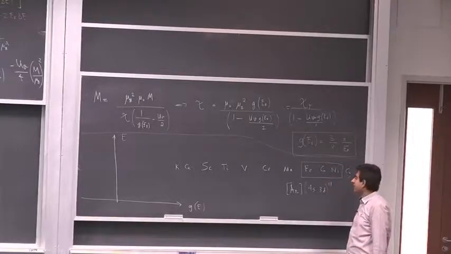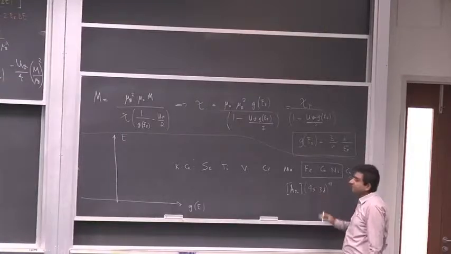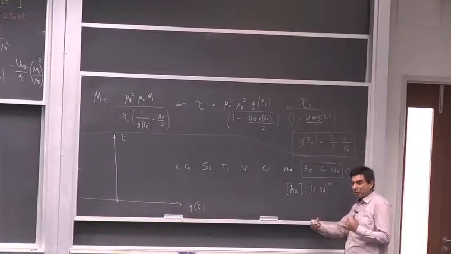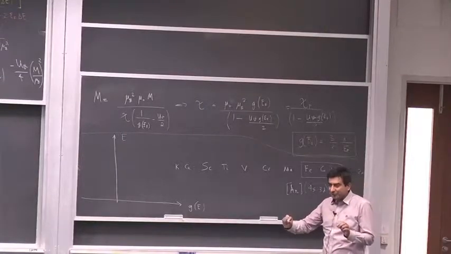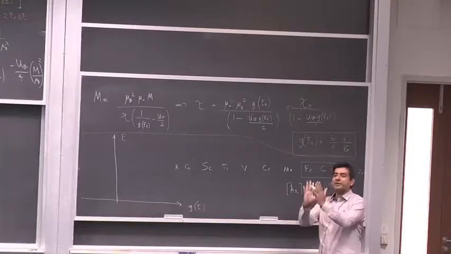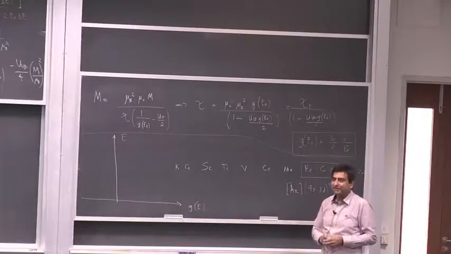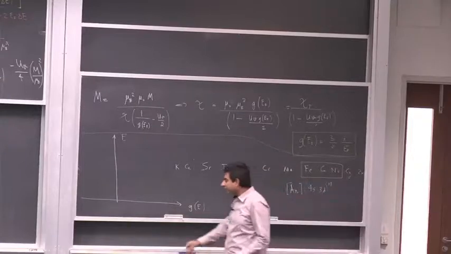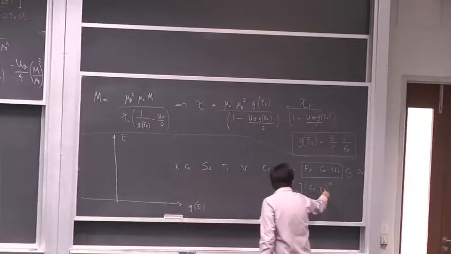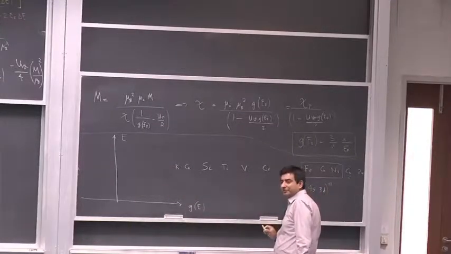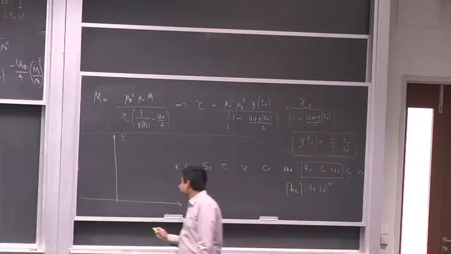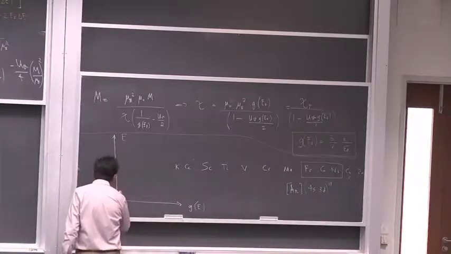Now these 4s and 3d bands, when two copper atoms come close together, these orbitals are going to overlap and will give you bands. You've seen that in the tight binding model. So there is a 3d band and there is a 4s band. Now the 4s band has a large bandwidth.